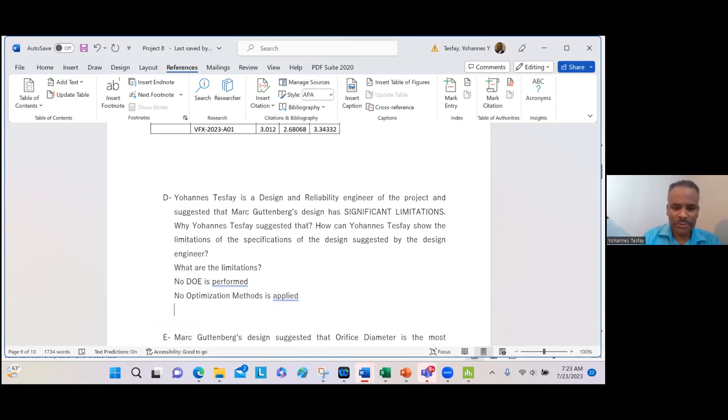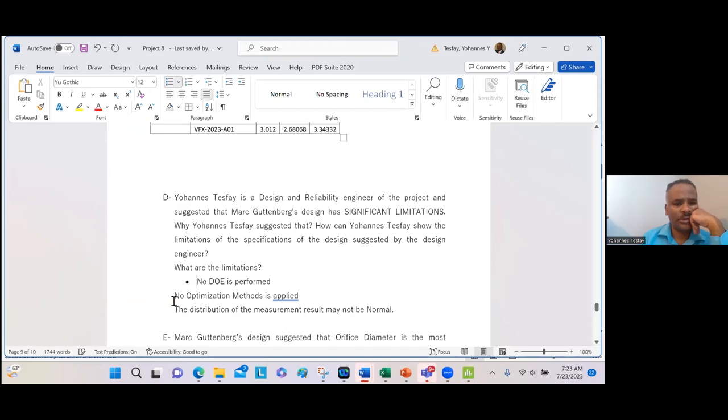The third is that the distribution of the measurement results may not be normal. Is it normal? Because of those three things there are limitations. Okay, those are the limitations that we need to talk about.